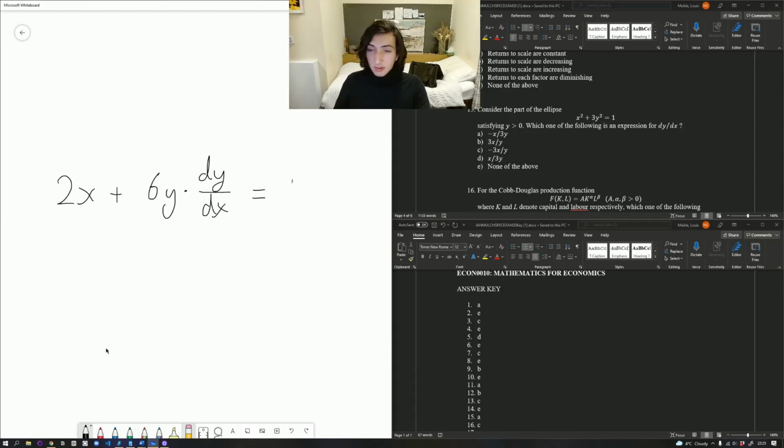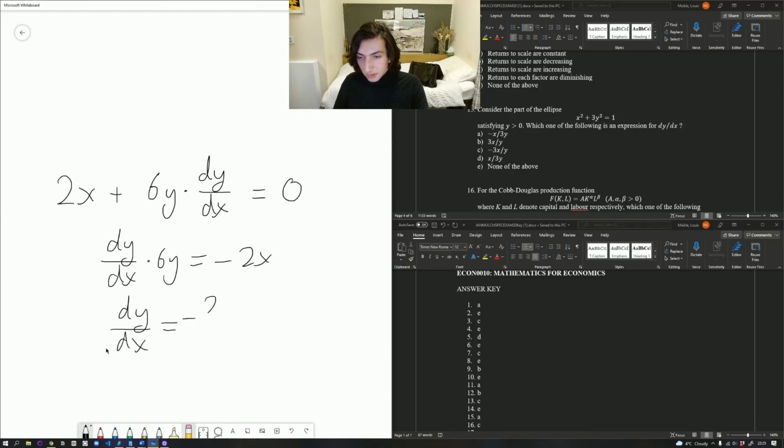1, simply put, derives to 0. Now I rearrange for dy/dx. So dy/dx is multiplied by 6y, but that's going to be equal to negative 2x. And then we divide by 6y here. So then you should get negative 2x over 6y, or simply put, negative x over 3y.